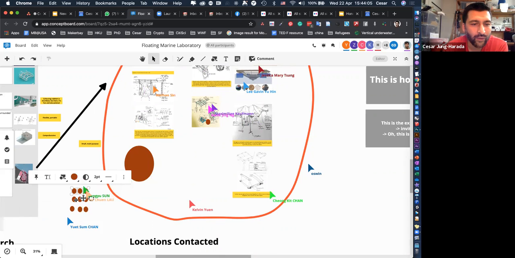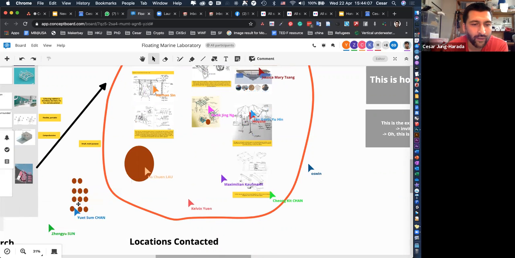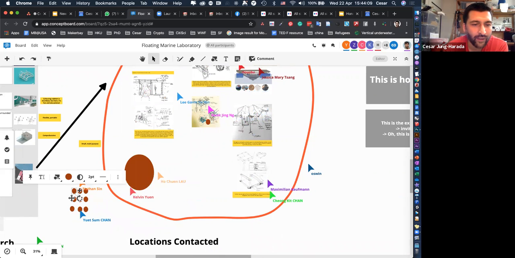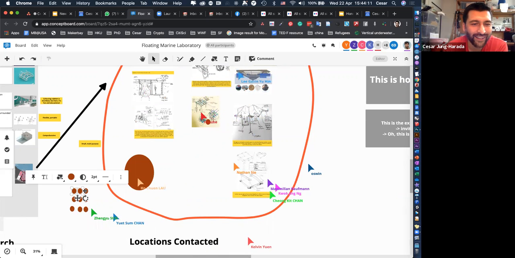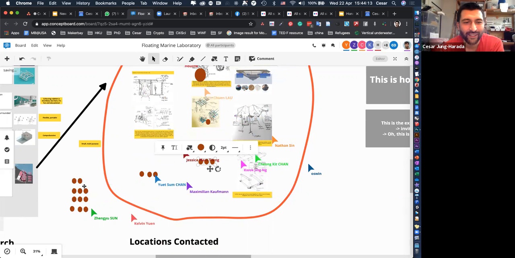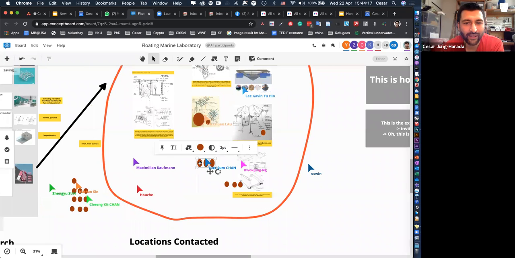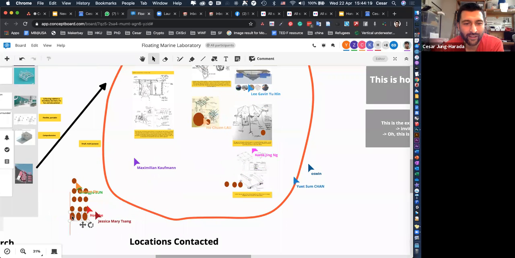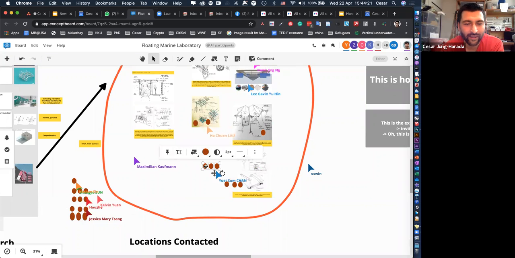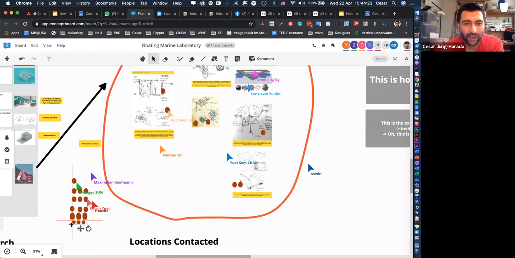I'm trying to duplicate the circle. Ah, no. Okay. How many are we?